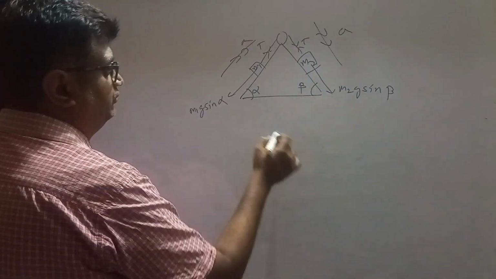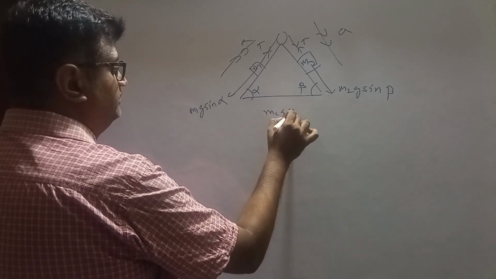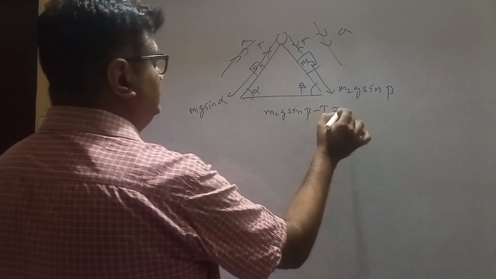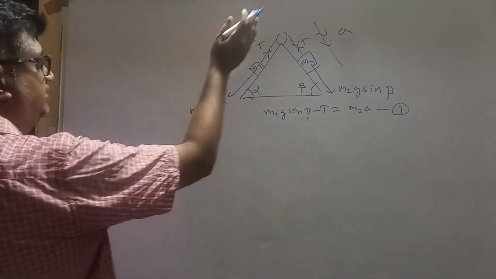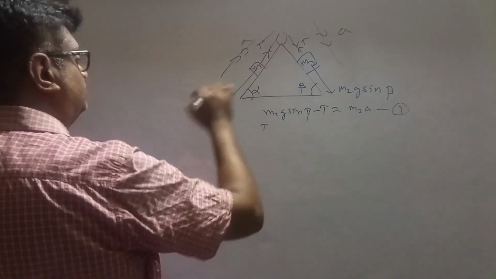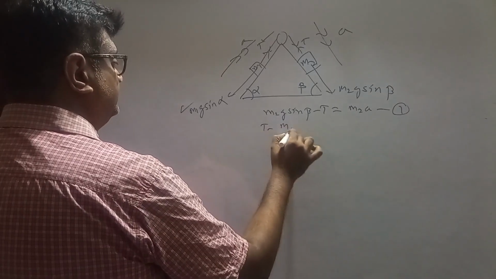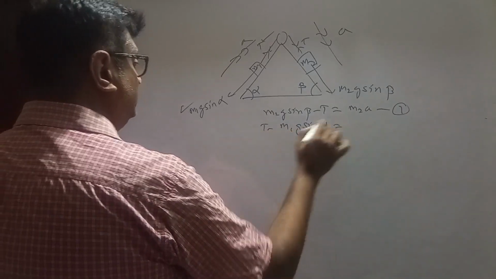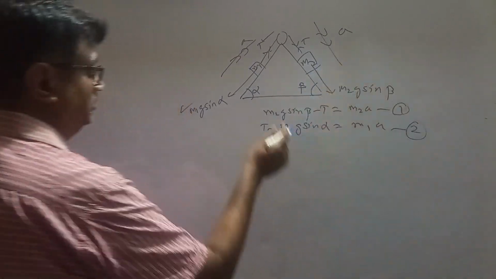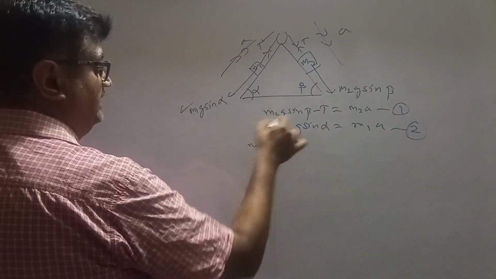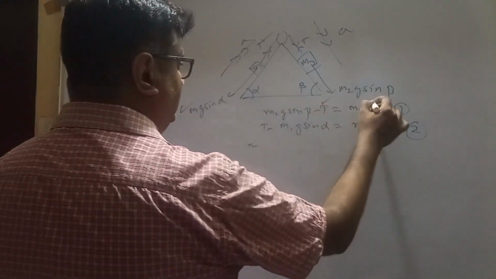So in this direction, net force will be m2g sin beta minus T is equal to m2a. This is my equation 1. And in this direction, because this is more than this, T minus m1g sin alpha is equal to m1a. This is my equation 2. Add them, so T will be eliminated. The unknowns are T and acceleration.